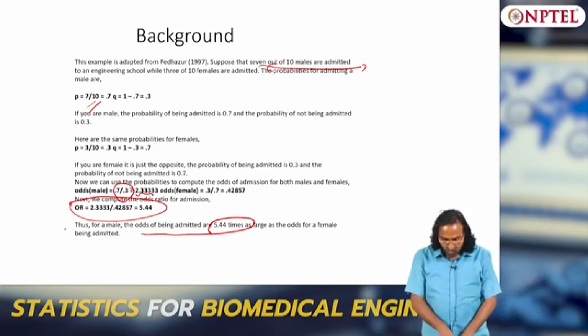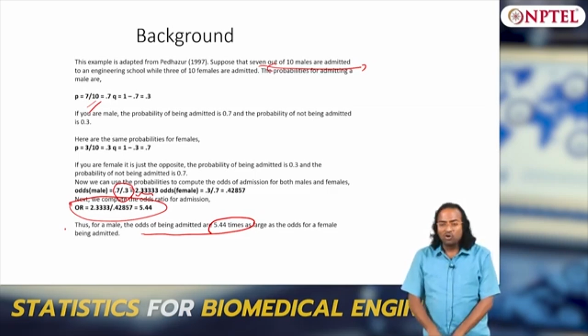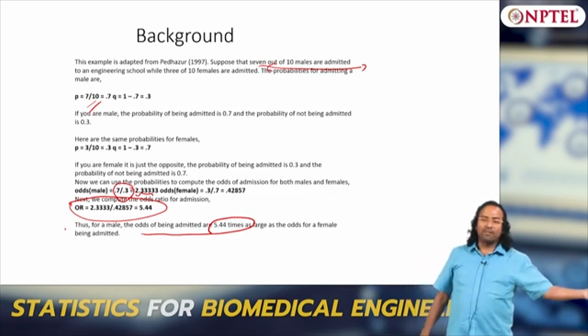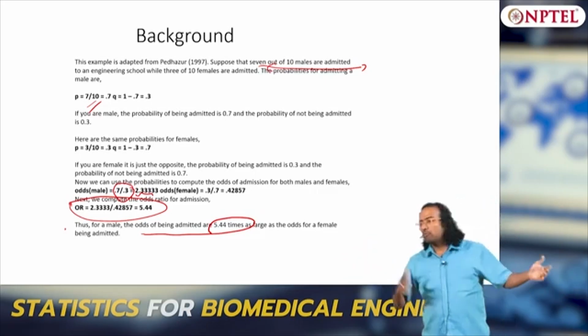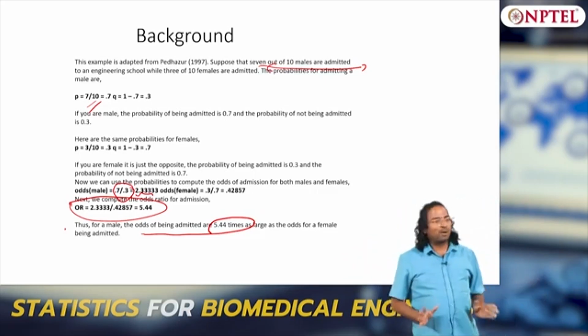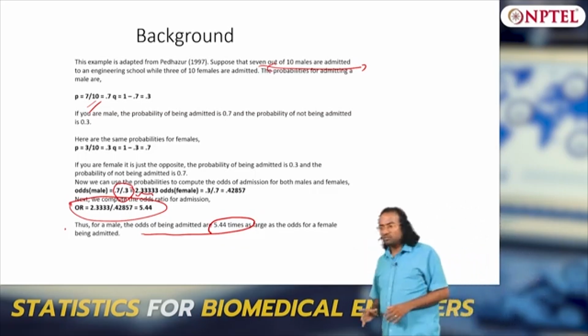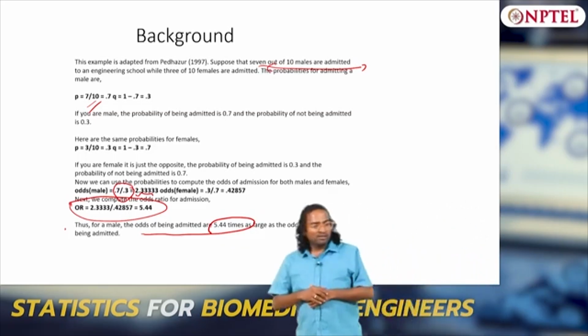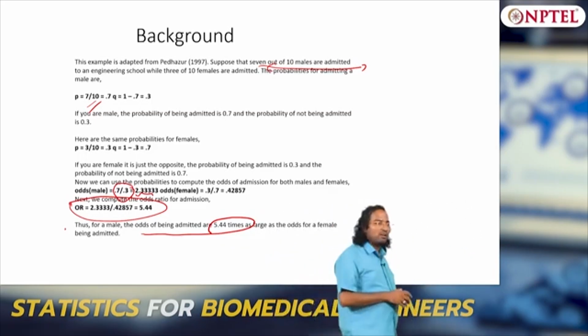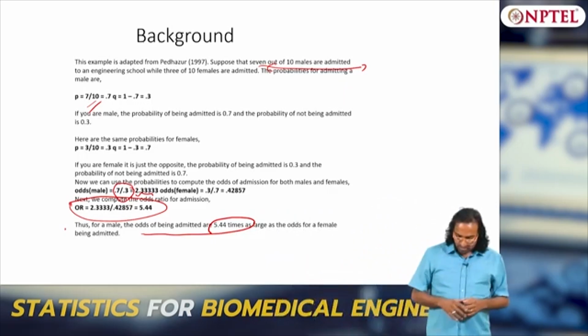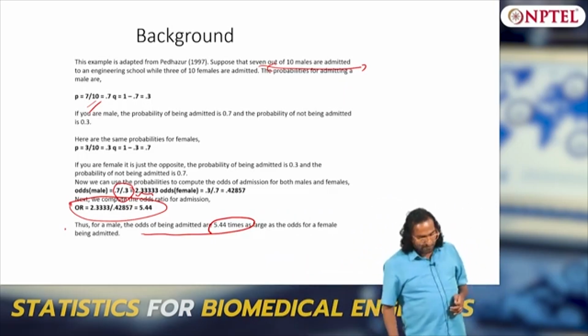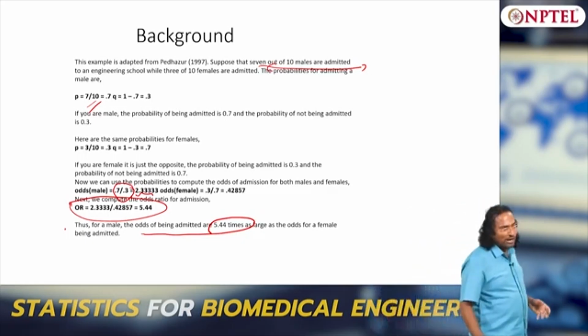Odds ratio is male divided by female. What does it tell? It tells you how many times it is favoring a male compared to a female or vice versa. It is a comparison, odds ratios. So if you take the odds ratio, what are we trying to say?